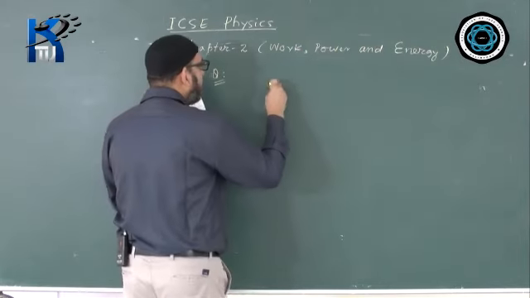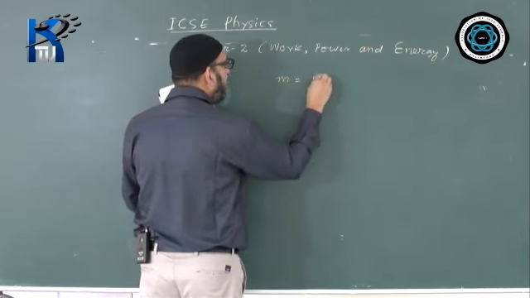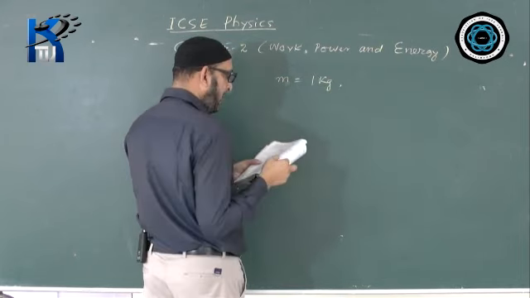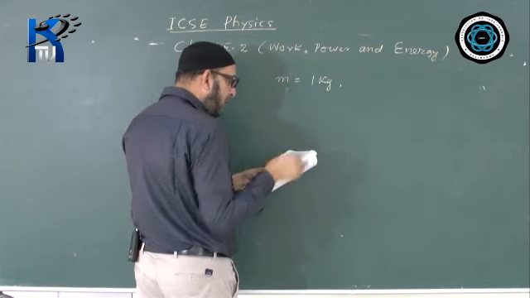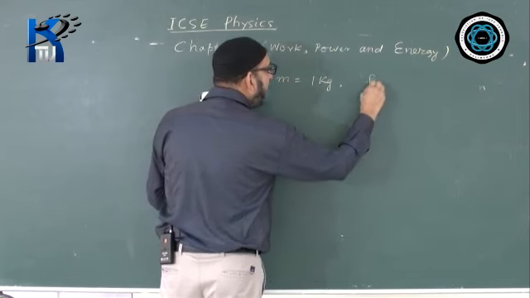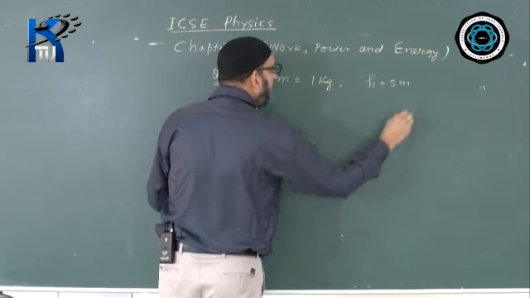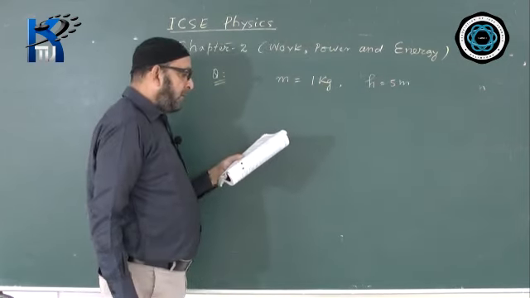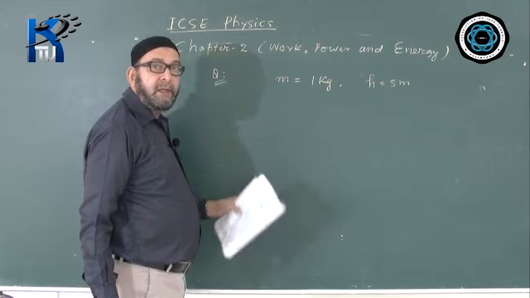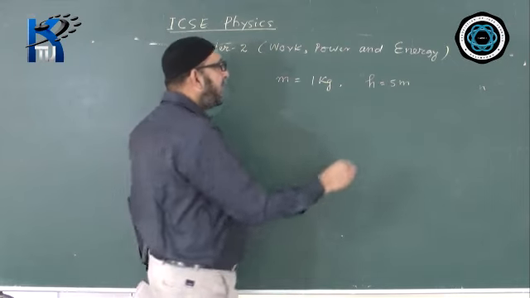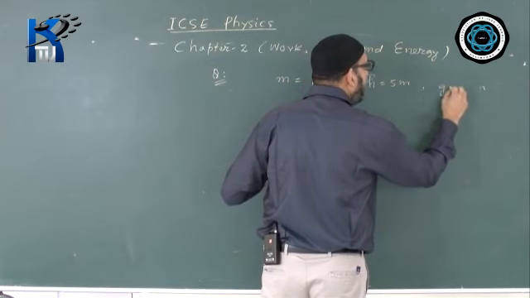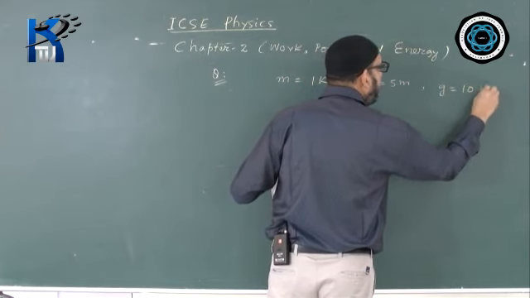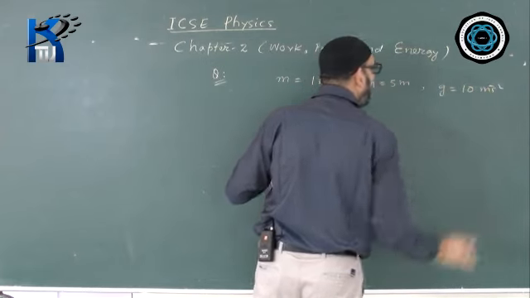Mass is given 1 kg and it is falling from a height of 5 meter, h is 5 meter. G is given in the question as 10 meter per second squared.